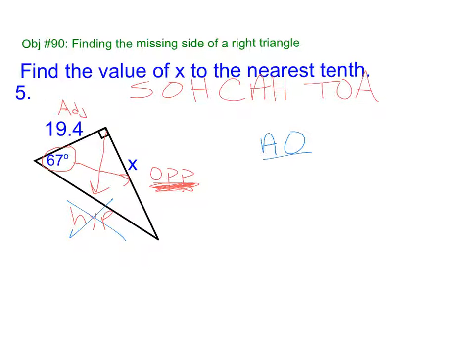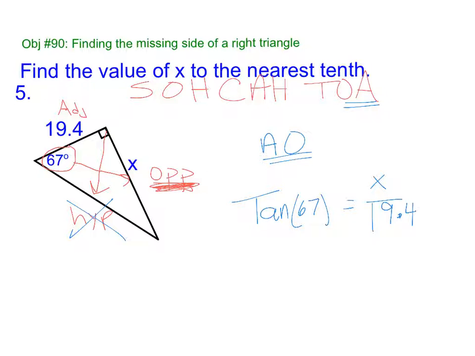Which of the three involves AO? AO is right there. So that means we're using tan. Tangent of our angle. Remember, the inside is always your angle, so tan of 67 equals opposite over adjacent.